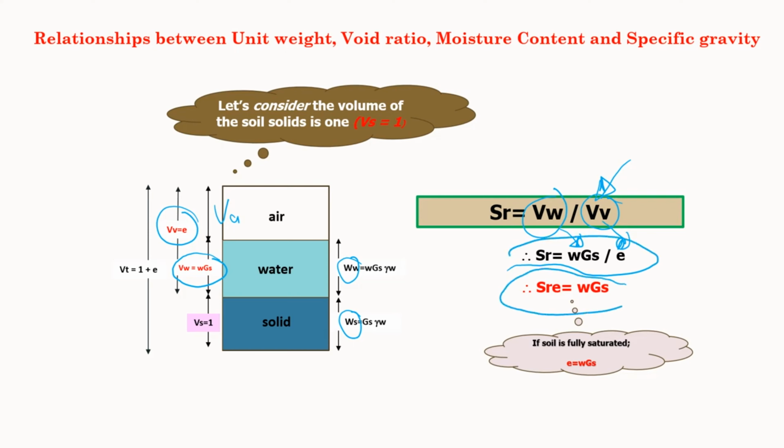And it can also be this equation, but remember, these two equations are applicable only if the condition of the soil is partially saturated. Why? Remember, if soil is partially saturated, it has all components: air, water, and solid.